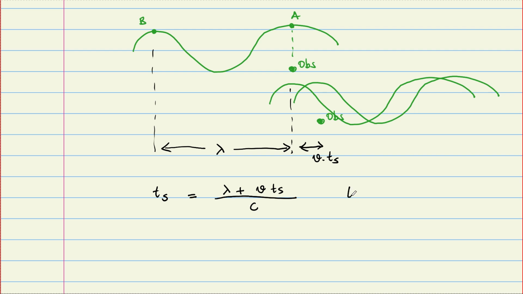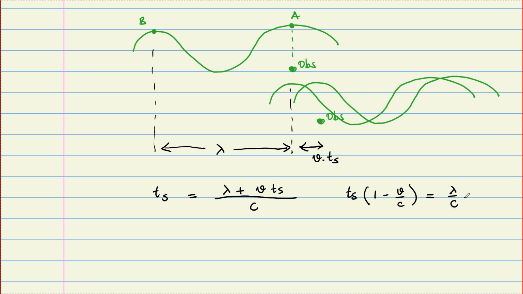And Ts is going to be, okay, you can solve this for Ts. What I am going to do is, this is 1 minus v over c. I take that side, and it is going to be lambda over c.